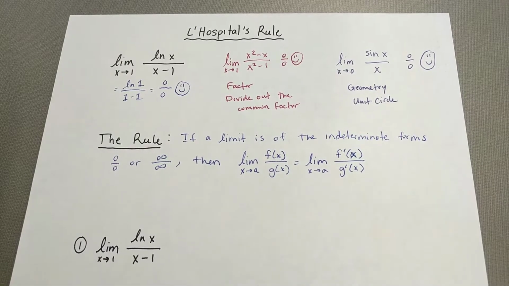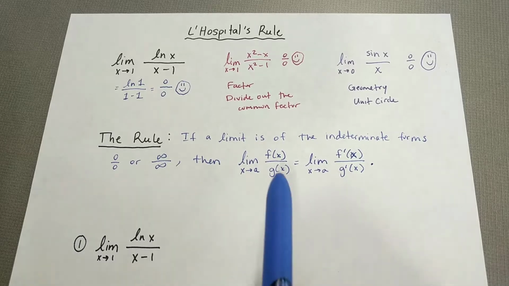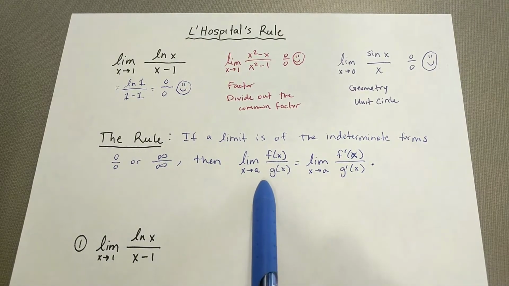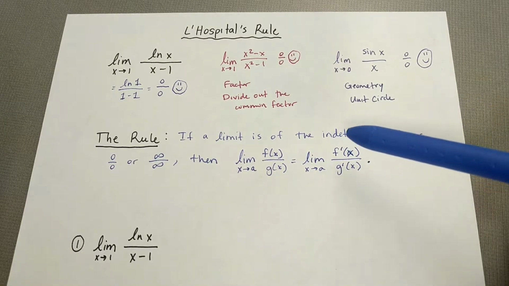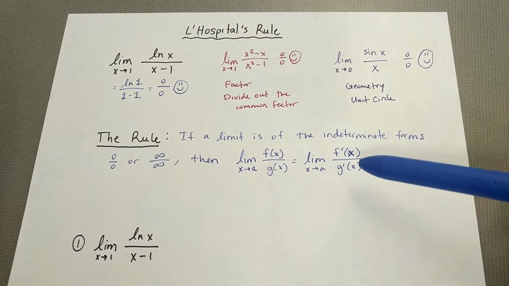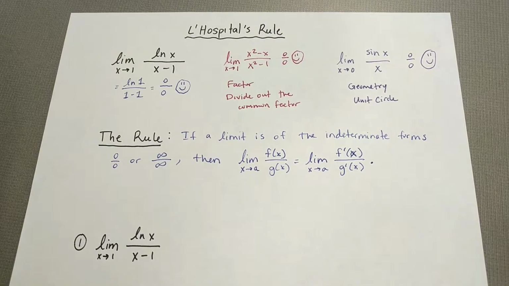So in other words, if you are dealing with something like 0 over 0 or infinity over infinity, and you can't find a way to factor it or go about it in a different way, you can take the derivative of the top and the derivative of the bottom and try to evaluate the limit then.